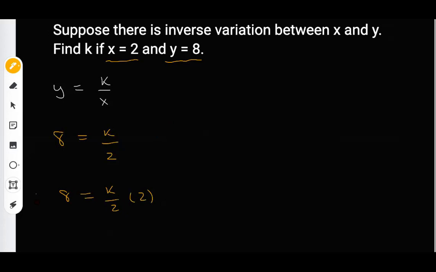That cancels out the 2's on the right side, and on the left side, I have 2 times 8 equals 16. So 16 is equal to k. That's my answer. So k is going to be 16. That's my constant of variation that I'm trying to find. Okay. I'll leave that up there for a little bit, and then we'll look at number 2.